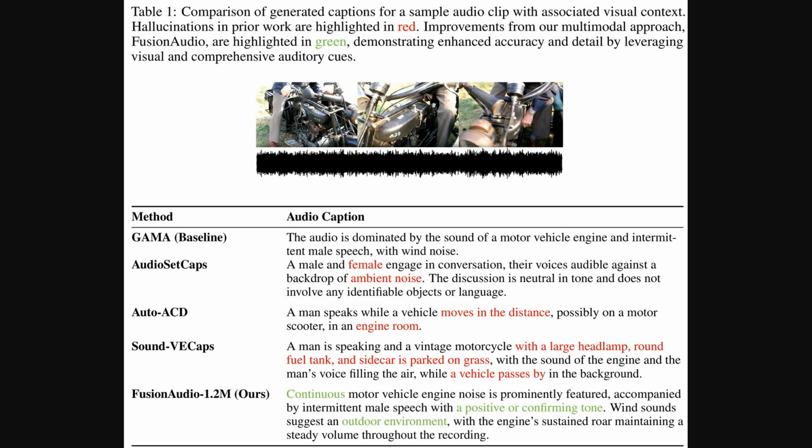But the caption from FusionAudio is dramatically better. It correctly identifies the continuous motor engine and male speech, and even infers a positive tone. And it uses those visual cues to correctly describe an outdoor environment. This example really shows how combining different inputs leads to a far richer and more accurate description.